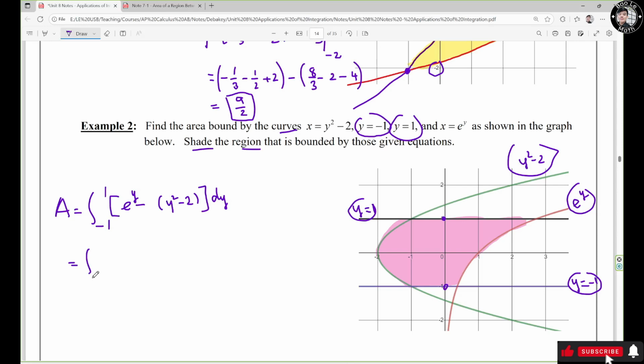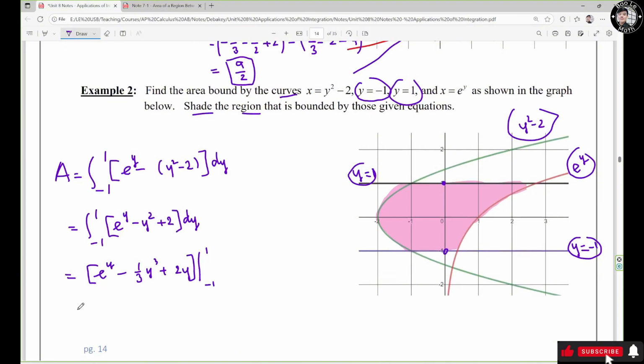So it's the integral from -1 to 1 of e to the y, distribute the -1, negative y squared plus 2 dy. Now take the antiderivative with respect to y: e to the y minus 1/3 y cubed plus 2y, evaluated from -1 to 1.